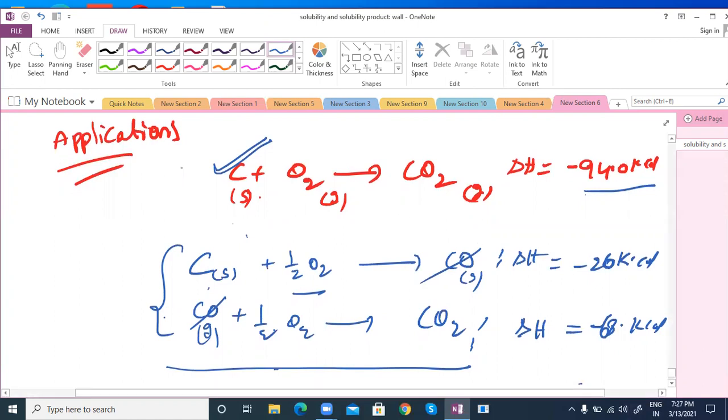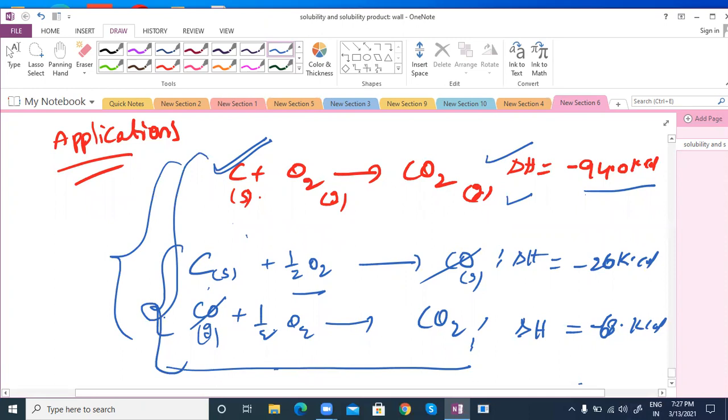But what is the application here? Suppose they give delta H for the CO2 formation in the first step, and of these steps they give any one step, and the third step they can ask. Out of the total three steps, any two steps they will provide, and the third step's formation energy they can ask. So intermediate steps' formation energies we can calculate using Hess's law.